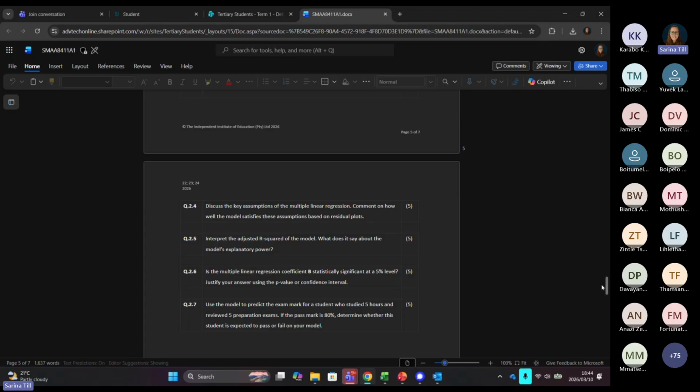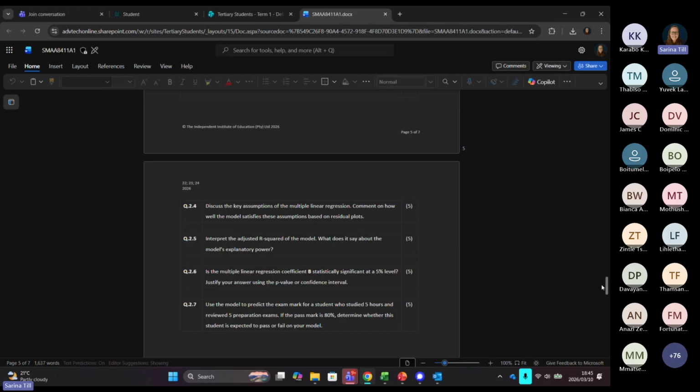But if we're sitting under 45%, your recommendation would be, look, don't use this model, it's really not great. So that's the adjusted R squared. What does it say about the model's explanatory power? Can the model explain what will happen to marks as hours studied and prep exam past papers increase, and to what degree can it do it?